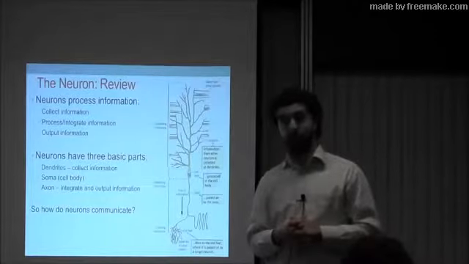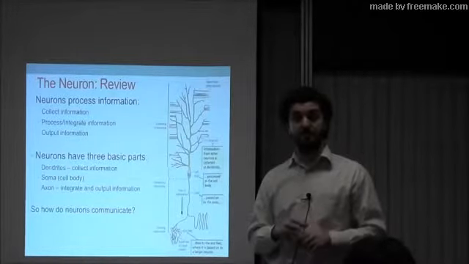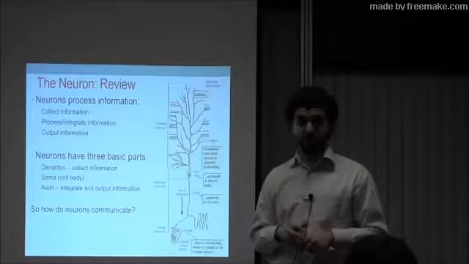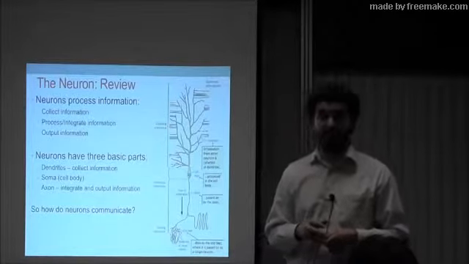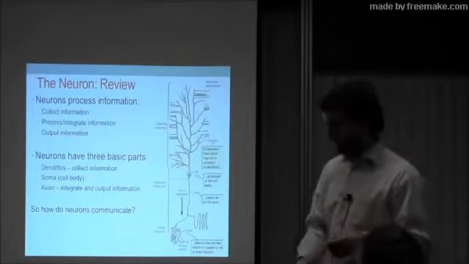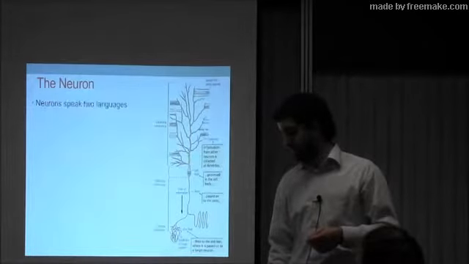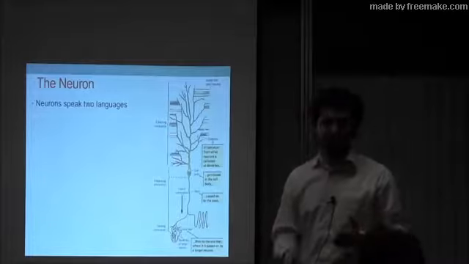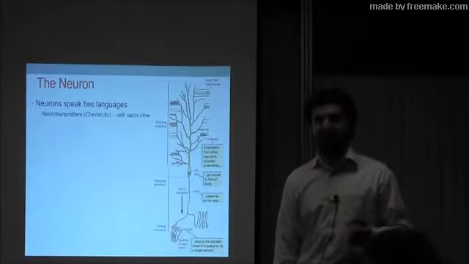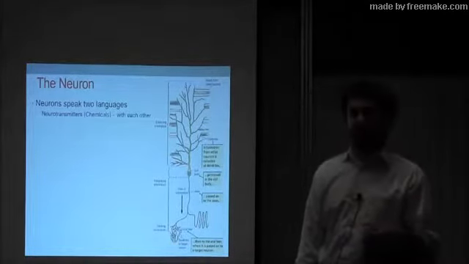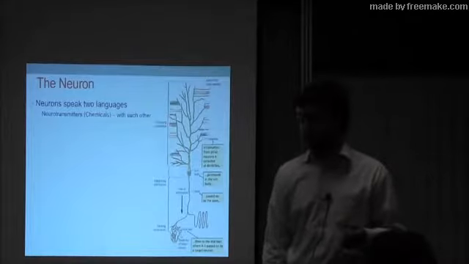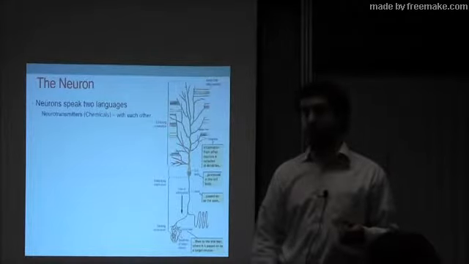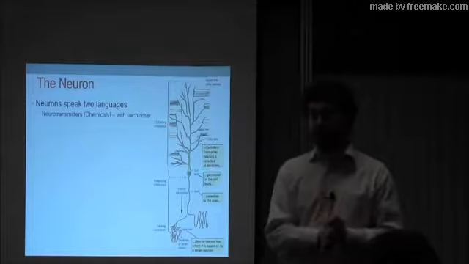Okay, so we knew that neurons have three major parts: dendrites, cell bodies, somas, and axons. All right. It seems that neurons can speak two major languages. They're bilingual. The first one is called chemical neurotransmission, using what we call neurotransmitters.